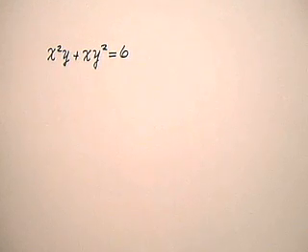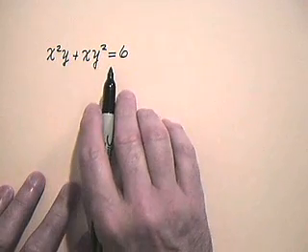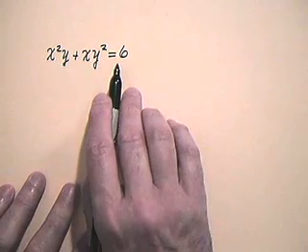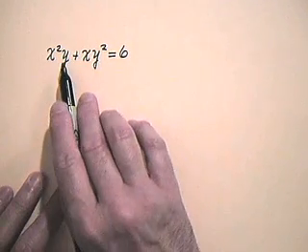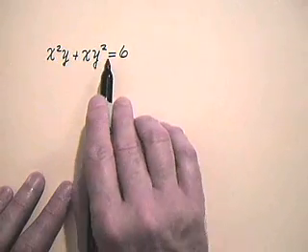Here I have the equation x squared y plus xy squared equals 6. And so remember, the first step, differentiate both sides of the equation with respect to x, treating y as a differentiable function of x. So even though I'm seeing y, I want to think of it as some expression involving x.